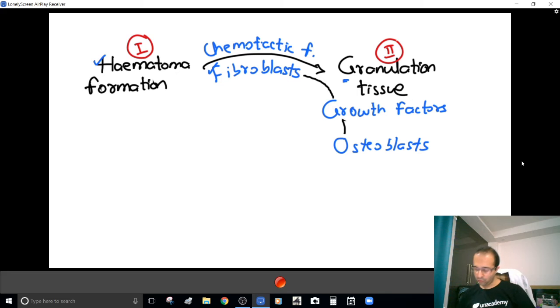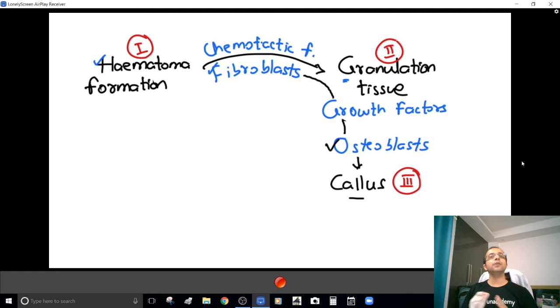You already know osteoblasts, bone forming cells. So these osteoblasts start forming immature bone, and the immature bone that they form is called callus. So this is the third stage of fracture healing, callus formation.